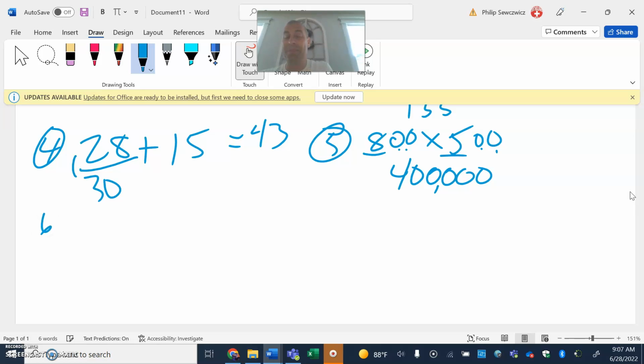Question number 6. 78 minus 35. With the subtraction ones, we talked about bumping up the lower one to end in a 0, and that works.